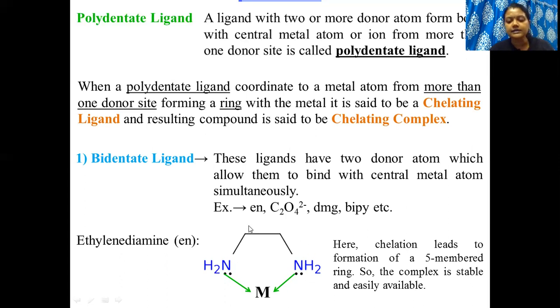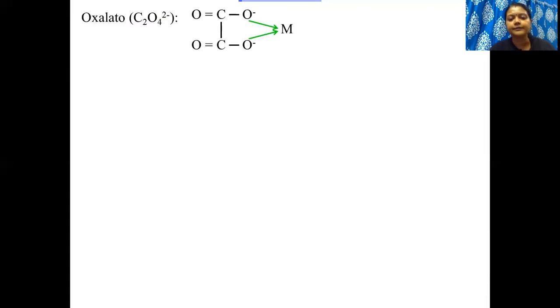That's why this type of complex is stable and easily available. Then comes oxalato. In case of oxalato, the O minus sites act as donor sites. Here they also form a five-membered ring with the central metal, and this complex is also very stable.